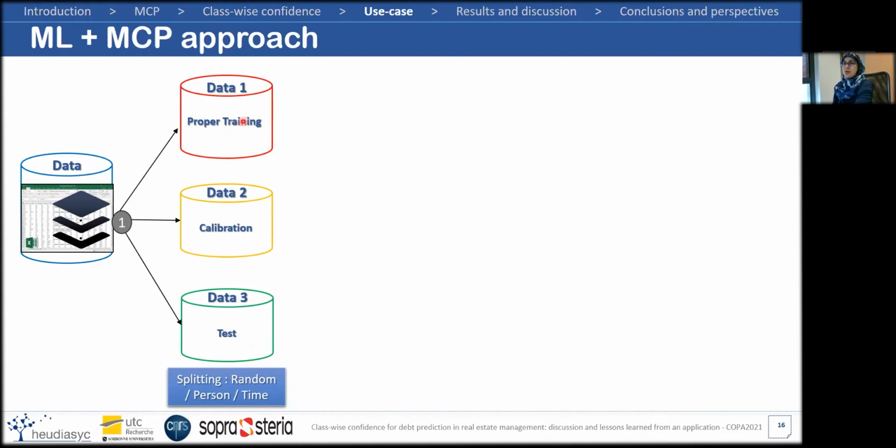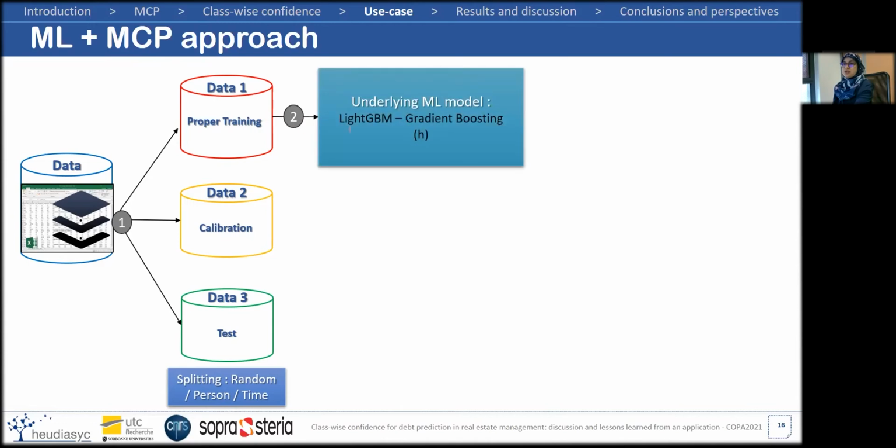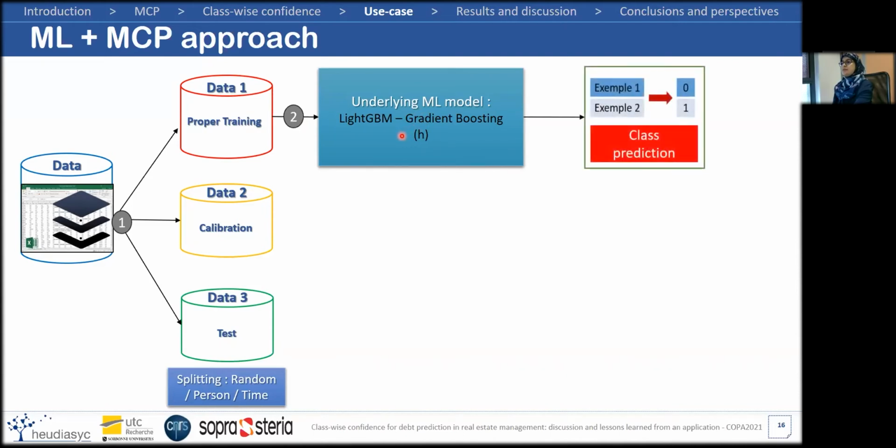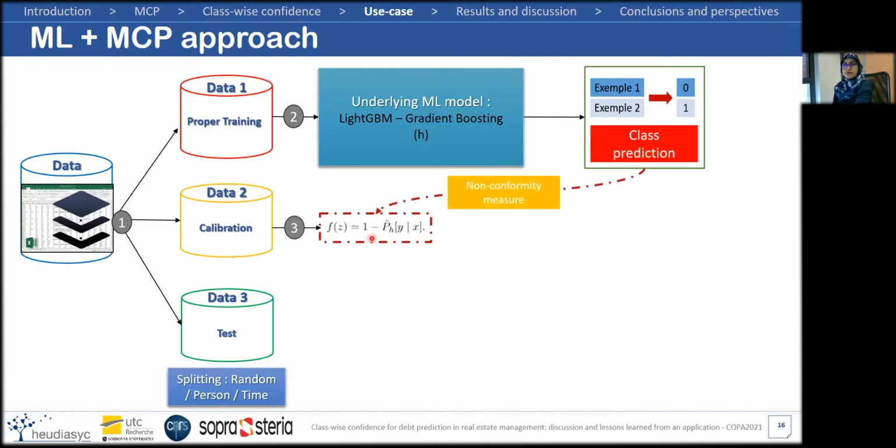Then we take our proper training set and use it to train our underlying algorithm, which is GBM here, and we use it for the class predictions that we can use to define our non-conformity measure, a standard one here, in order to get the non-conformity scores using the calibration set.